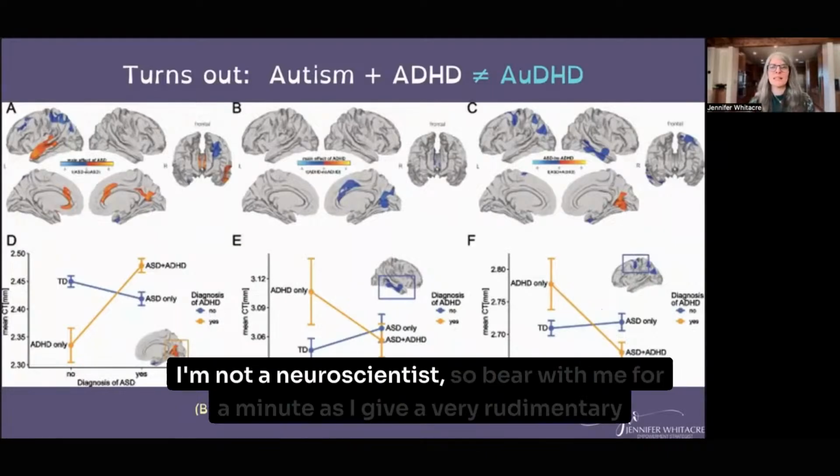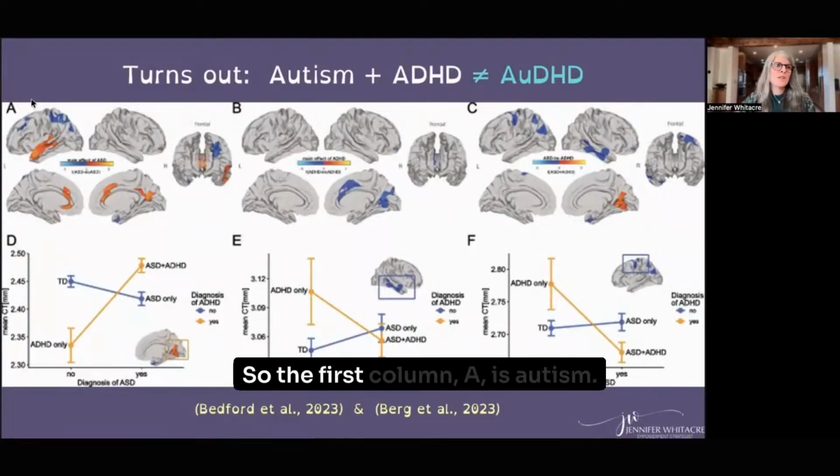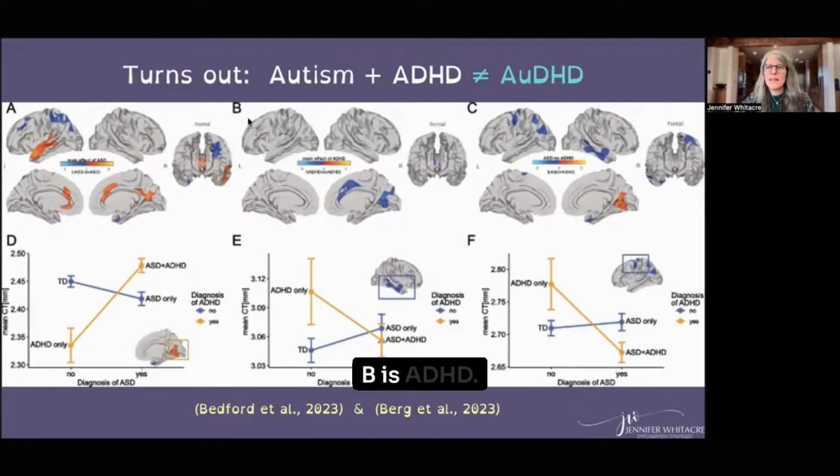I'm not a neuroscientist, so bear with me for a minute as I give a very rudimentary explanation here. So the first column, A, is autism, B is ADHD, and C is AuDHD. So these are brain scans.